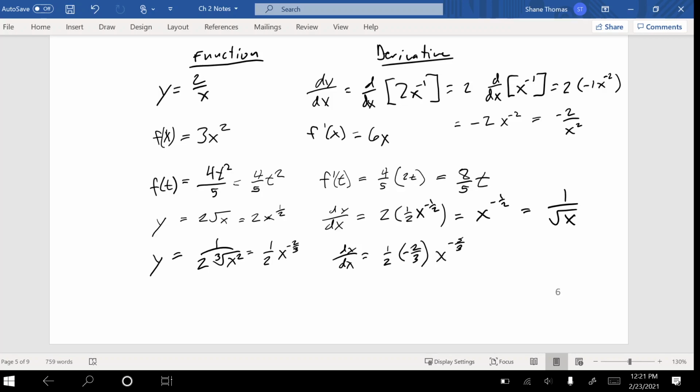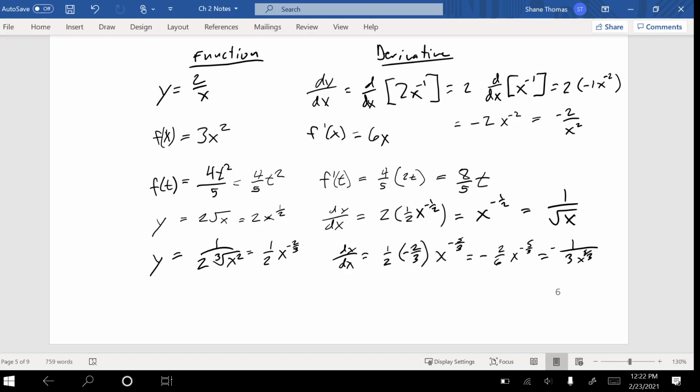All right, that's going to leave me then with negative 2/6 x to the negative 5/3. 2/6 is the same as 1/3, right? So it'll be negative 1/3, and now that x to the 5/3, I'm going to take it to the bottom.